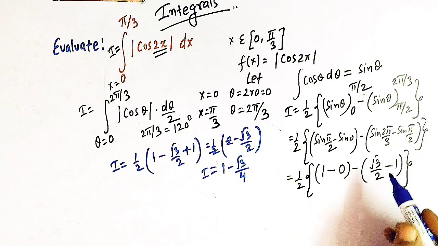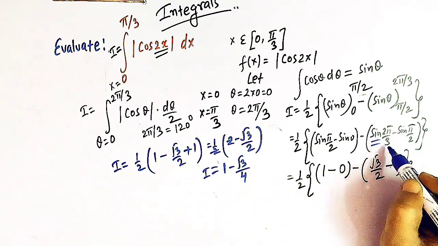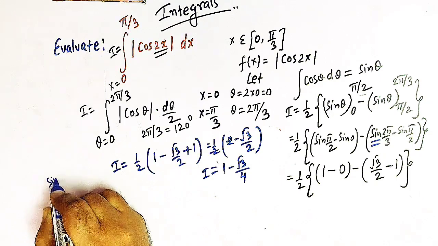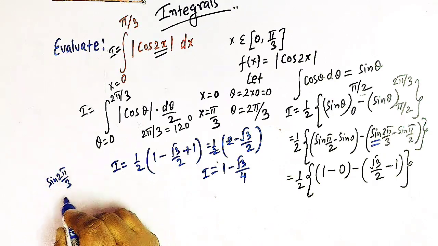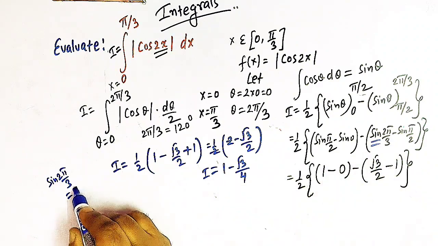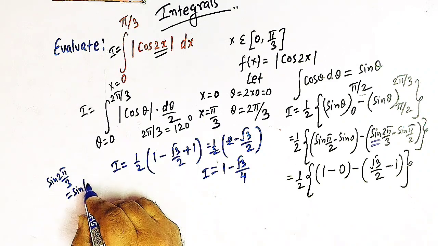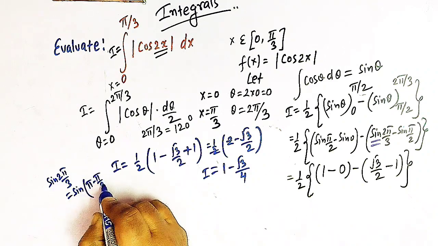So here I would like to mention one important thing, that sine 2 pi by 3 we can also find by making this change: 2 pi by 3 may be written as pi minus pi by 3.